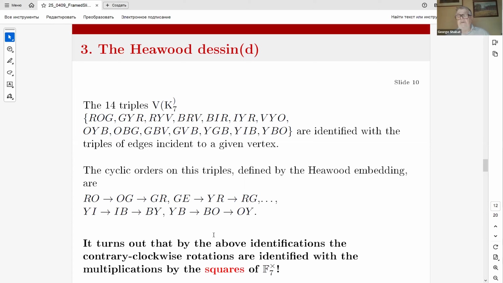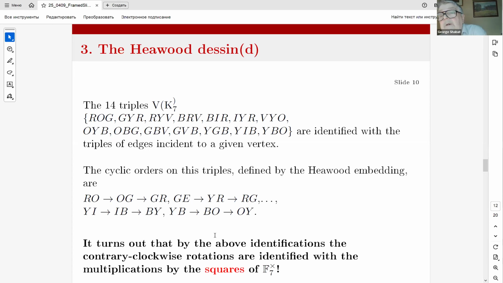And it turned out that the corresponding cyclic order, that is the action of the three-element group on the set of edges incident to a fixed vertex, is just nothing but the multiplication by the subgroup of order 3 that we have, just exploiting the field of 7 elements.